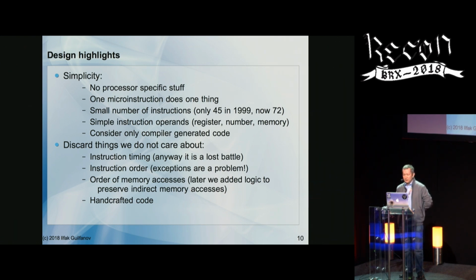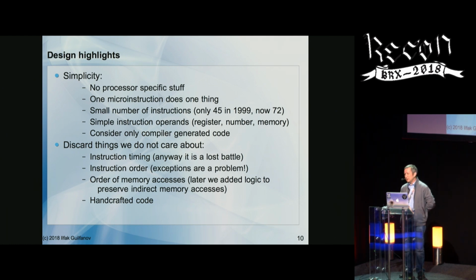The instruction operands should be as simple as possible. Initially, in fact, we have only two types, registers and numbers, nothing else. And based on these two operand types, we can build everything else. We will consider only compiler-generated code for decompilation or analysis. Why so?